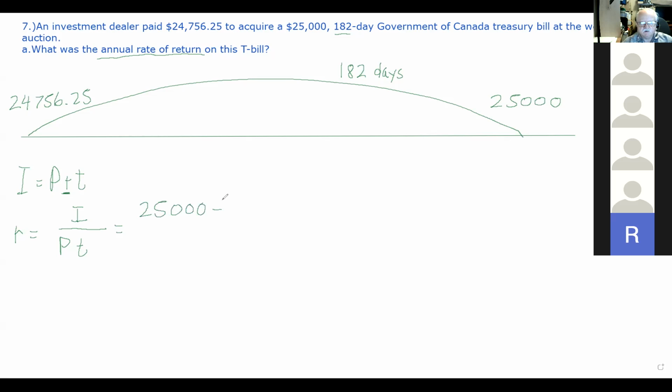25,000 minus 24,756.25 over, and the principal is this 24,756.25. That's how much they invested.